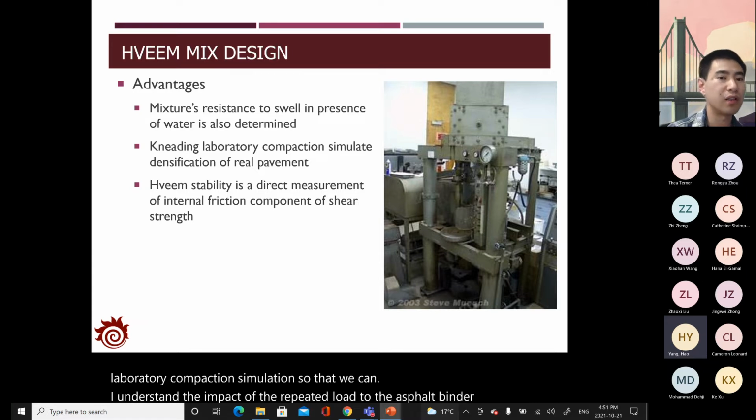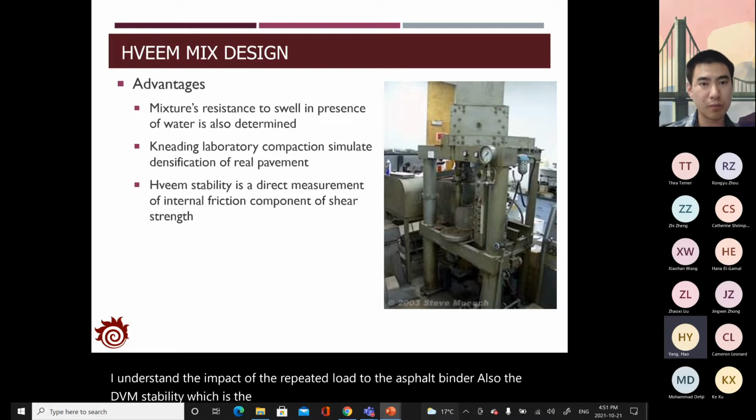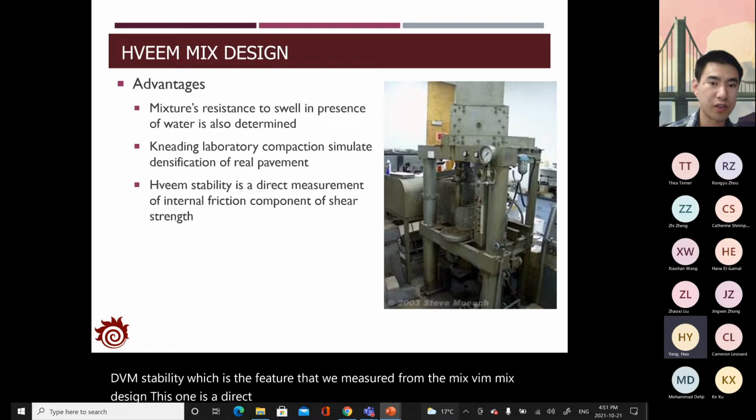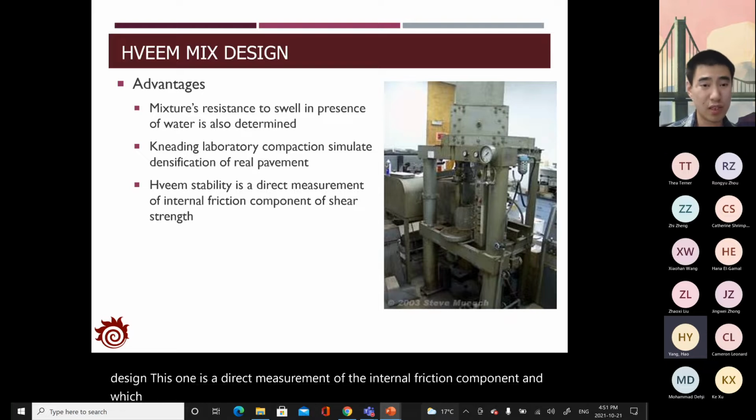Also, the HVEEM stability is the feature that we measure from the HVEEM mix design. This is a direct measurement of the internal friction component, which means that we can use this stability to estimate the shear strength of the design.